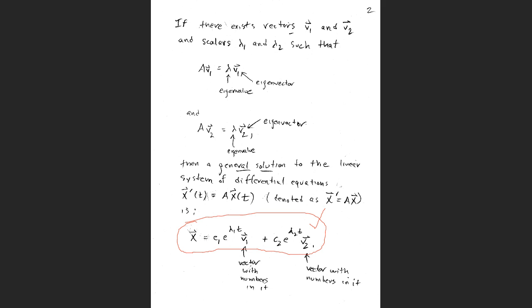And incidentally, if you had a 3 by 3 matrix A, you would have C3 times e to the lambda 3 t times an eigenvector v3. It just builds and builds depending on how large your matrix is.